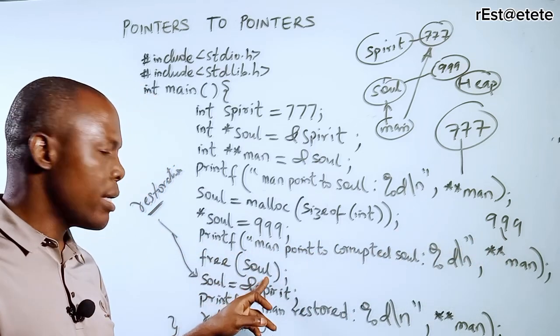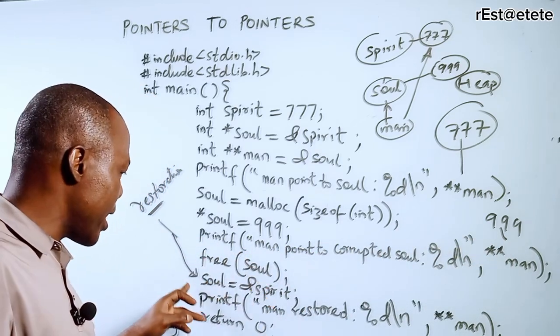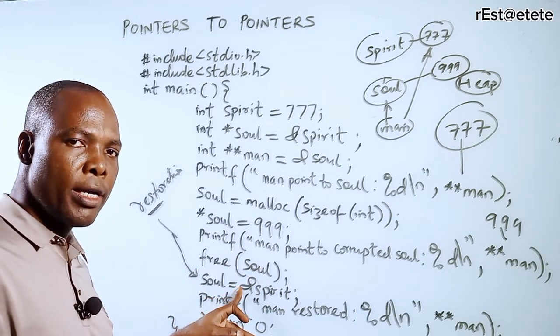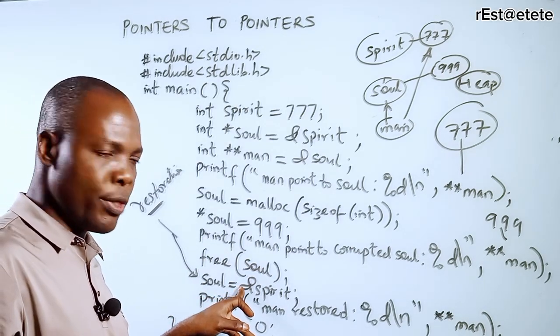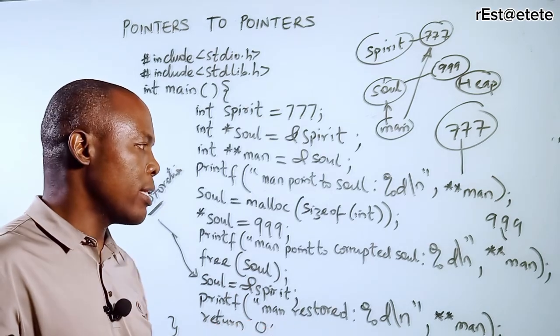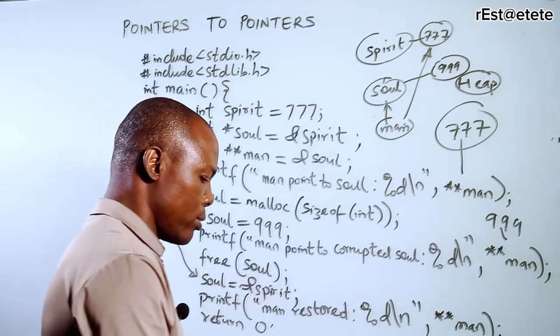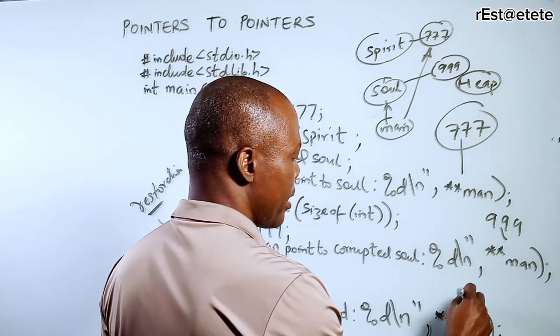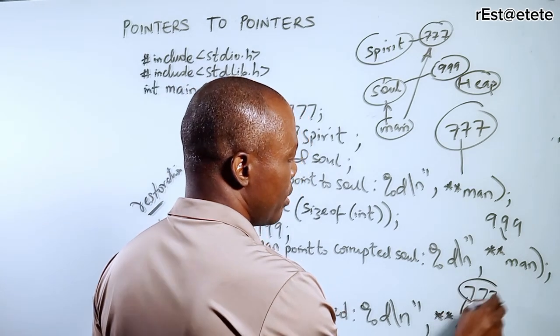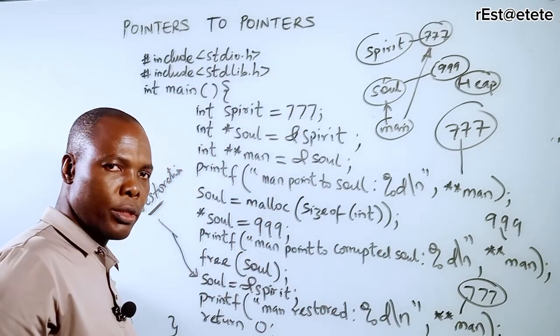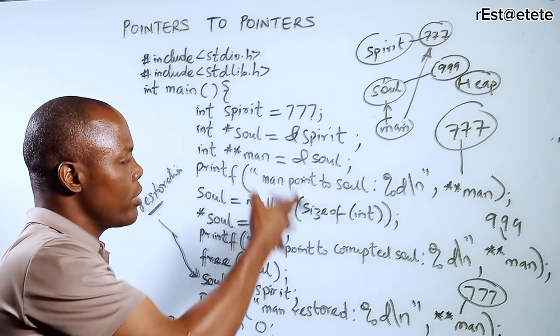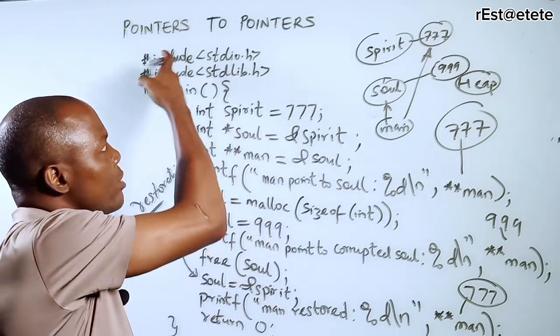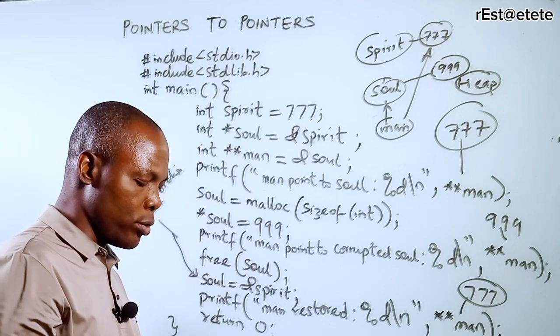Now I free that memory and then point the soul back to the spirit, and then we access man again, and man is now going to print out here again 777, which is man restored. So this is a concept to demonstrate pointers to pointers. That is what I want to show you in this class.